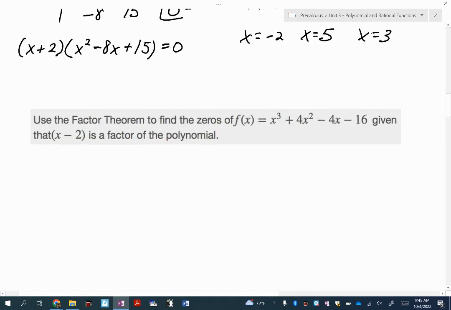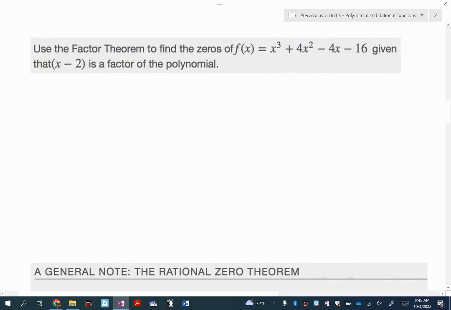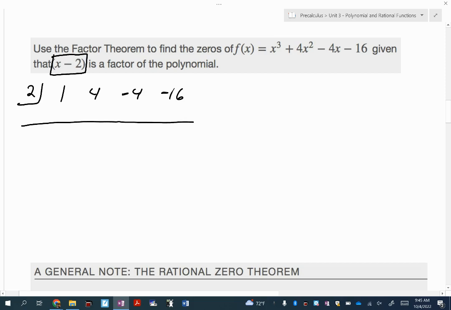Okay, let's do the same thing here. All right, I'm going to put 2 in the corner this time, thinking opposite of x minus 2. So the opposite of -2 is +2. I have 1, 4, -4, and -16, hoping to get 0 at the end. I should, because it's telling me that this is a factor. All right, 1 times 2 is 2. That's 6. 6 times 2 is 12.